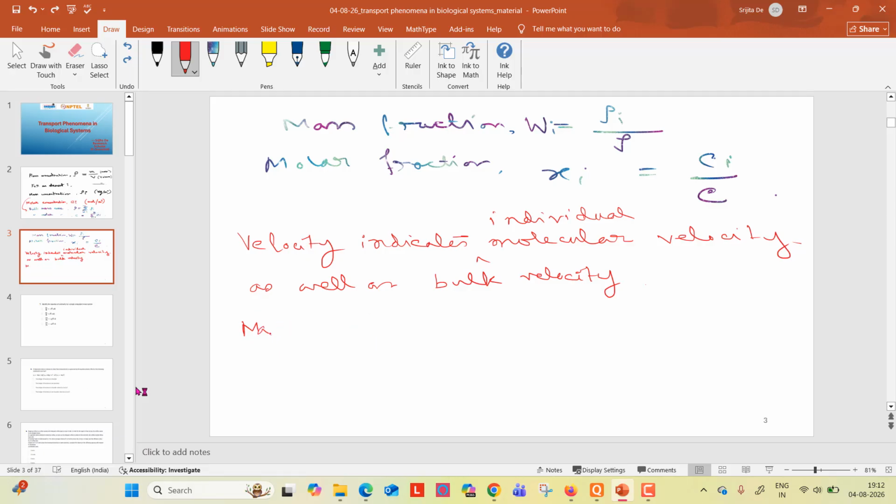So it is mass average velocity. Suppose it is defined as V. So everywhere there is a bar you can write, or an arrow that defines that it is a vector or scalar, but I am not writing it every time.